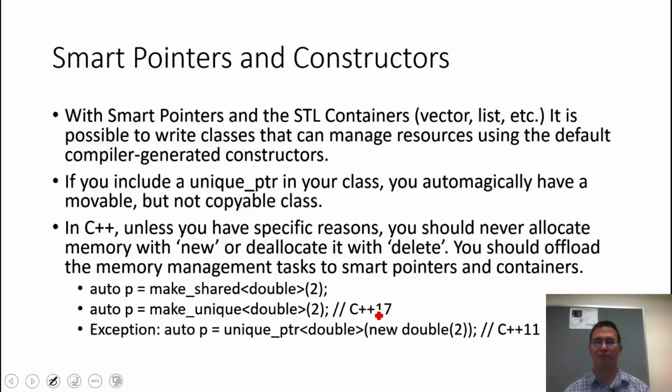You don't have to worry about it because the resource management, the memory management, is being handled by the smart pointers and by the containers. If you have a unique pointer in your class itself, you can auto-magically have a movable but not copyable class. By putting that in your class, it automatically cannot be copied because the unique pointer cannot be copied.